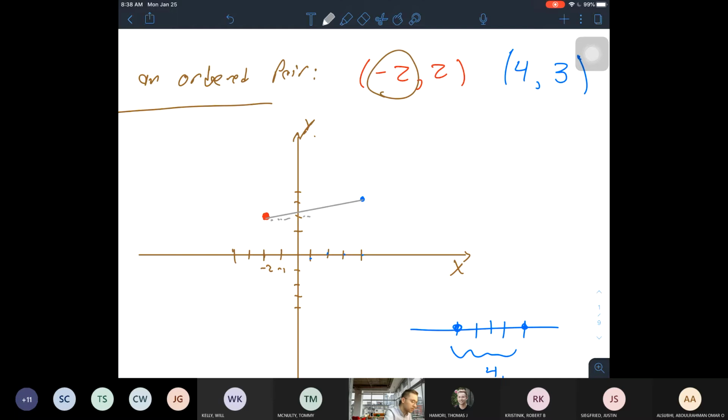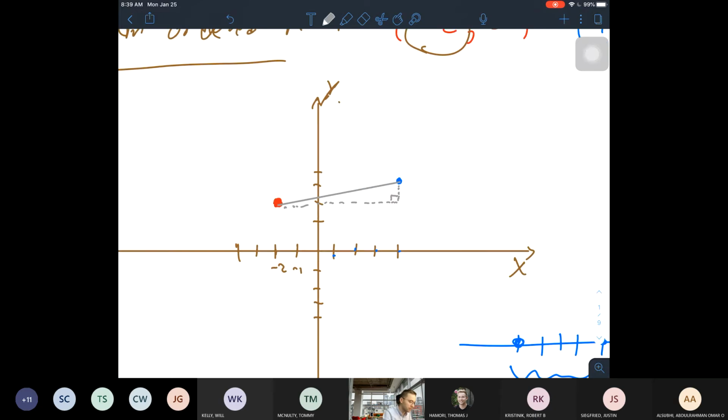So we just would draw over a right triangle like this, and we would be able to count the horizontal distance here on the X number line. So in our case, it's 6.